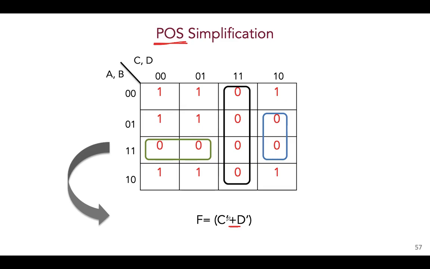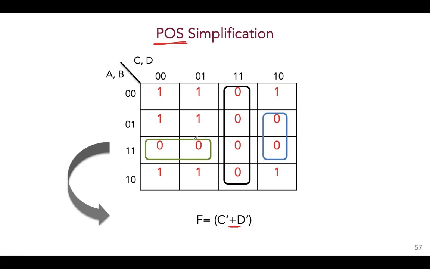But in case of POS, this is reversed, right? So everything is reversed when we're talking about POS. In POS, we are grouping zeros instead of 1, and in POS, when the variable's value is 1, it is written as dash. That's why both C and D, although they are 1, they are written as dash, as if they were 0, right? So C dash plus D dash.